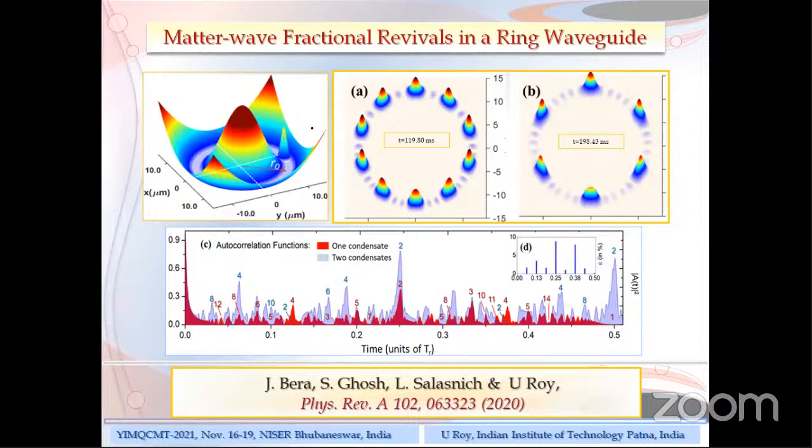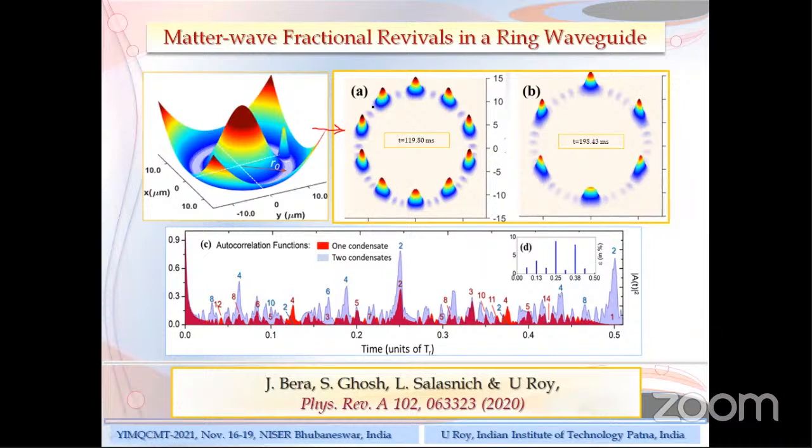And if you observe, these are some time snapshots, and there are 10 splits. You have 10 BECs in the toroidal path, and it happens at some particular 1/20th of some particular time. The time is called the revival time.